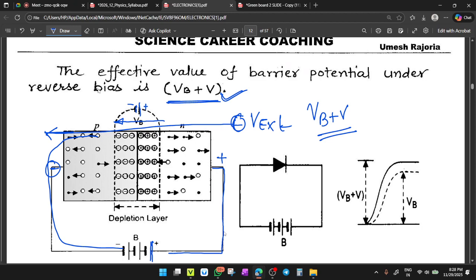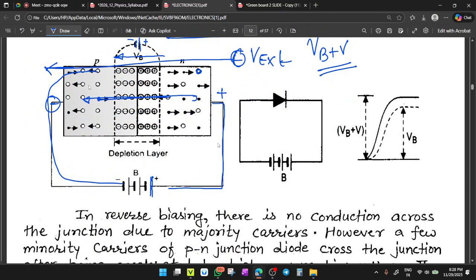Only a few minority charge carriers, like the drifted electrons present in the P type, will move towards this side, and the drifted holes present in the N side will move towards the negative terminal. So only a very small current is created during reverse bias. This very small current is called the reverse saturation current.